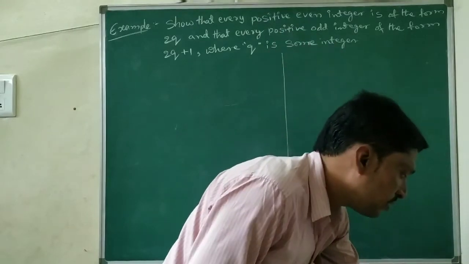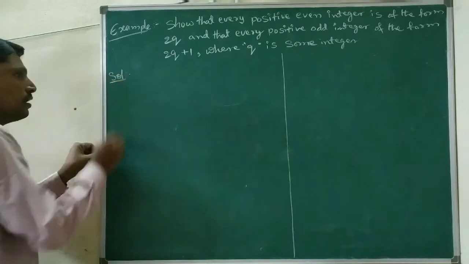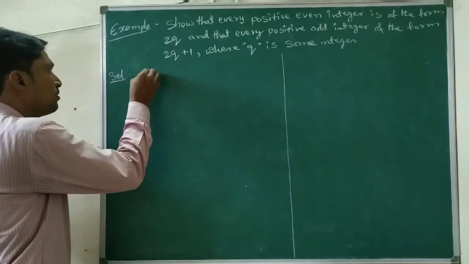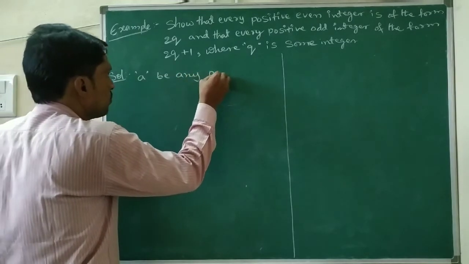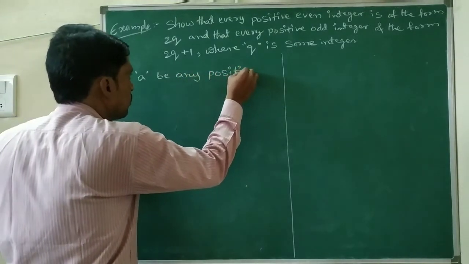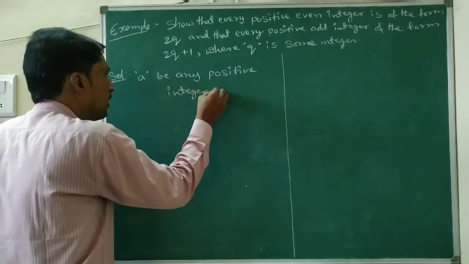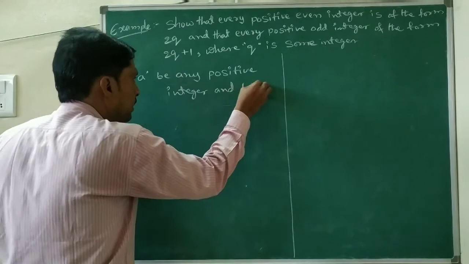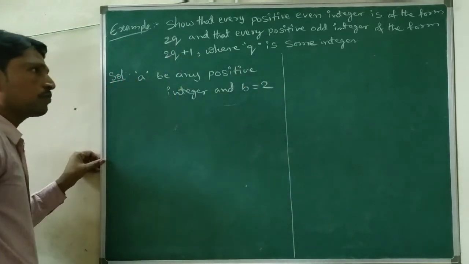Now let us discuss the solution. Let a be any positive integer and b equal to 2. Here the b value is 2.